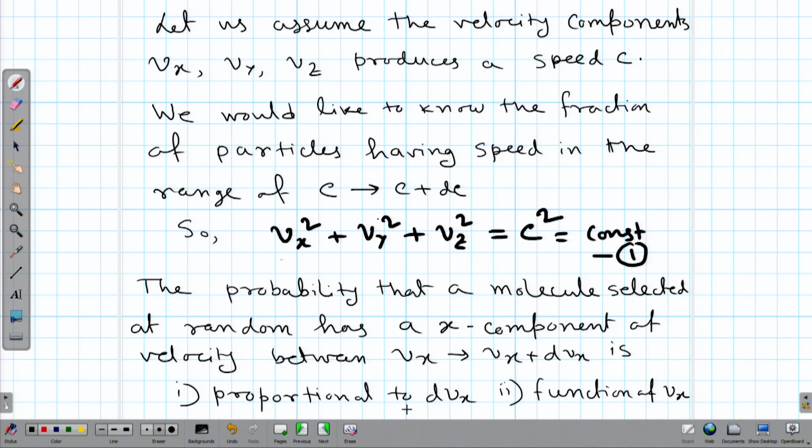Because if we enhance the width of the velocity distribution, we will have more molecules. And this probability will be a function of Vx itself. Depending on whether the value of Vx is very small or very large, the probability might vary.